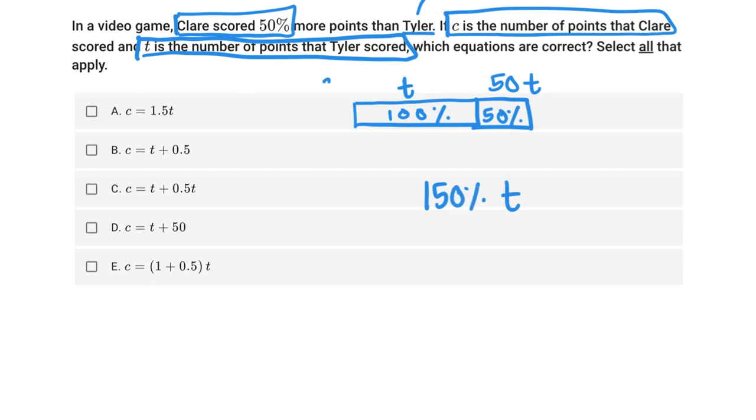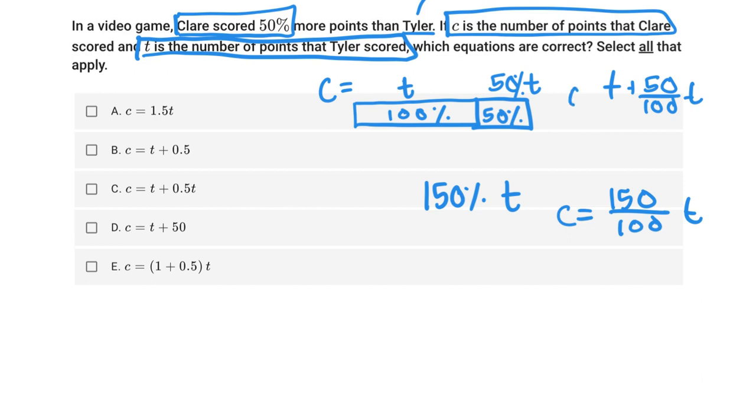So Claire could either equal T plus 50% of T, so we'll write that as T plus 50 over 100 T, or 150 over 100 T. Either of these are equations that would work for Claire.